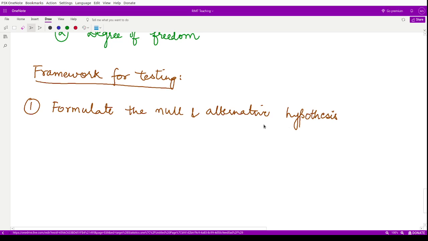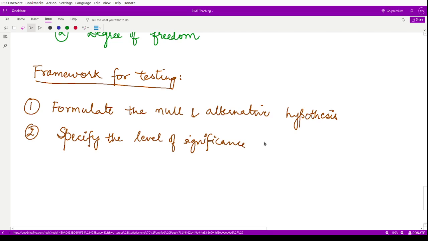Next, we specify the level of significance. And sometimes we also specify the degree of freedom. That depends on different kinds of tests.